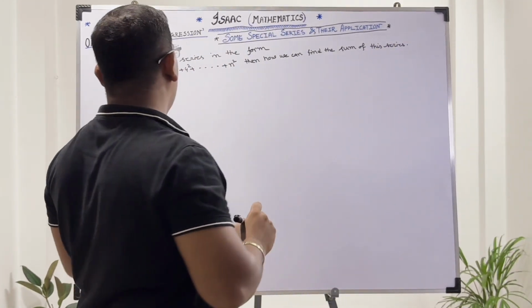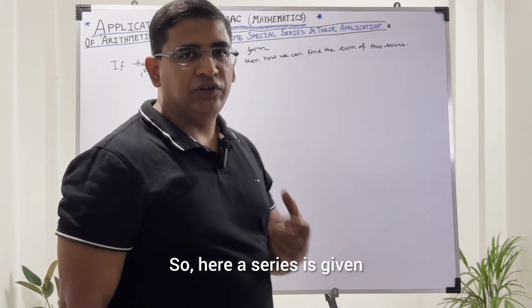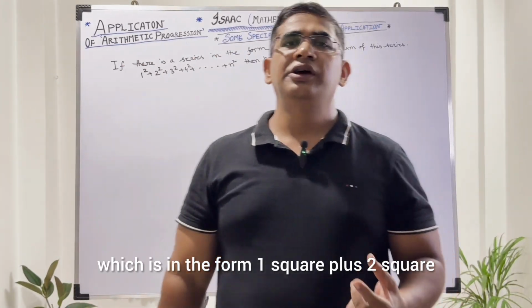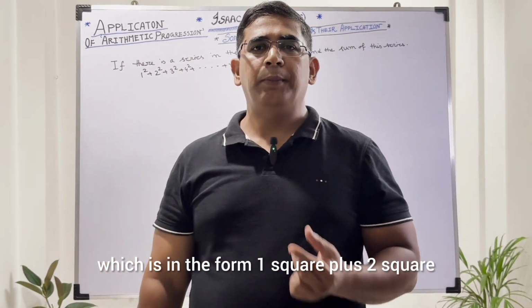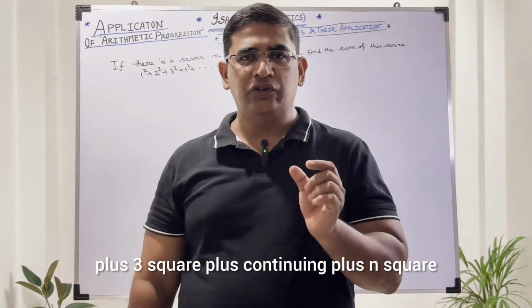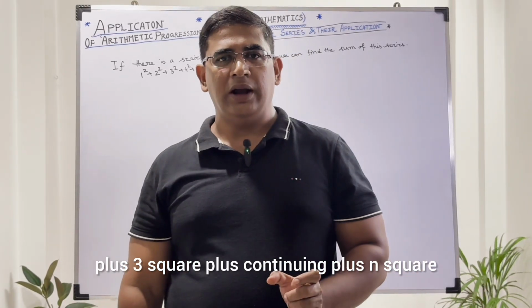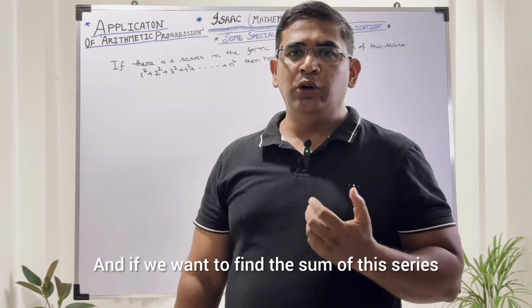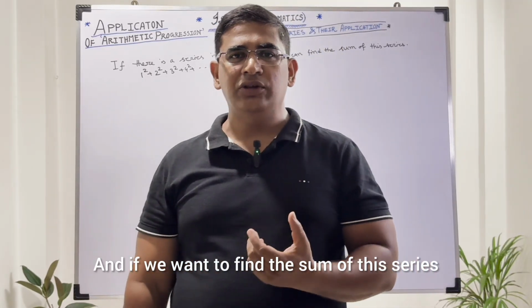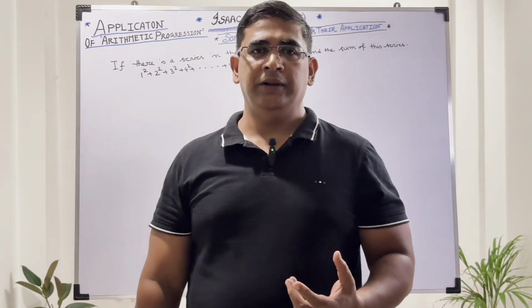Okay, so here our series is given, which is in the form 1 square plus 2 square plus 3 square plus continuing plus n square. And if we want to find the sum of this series, then what will be the way?